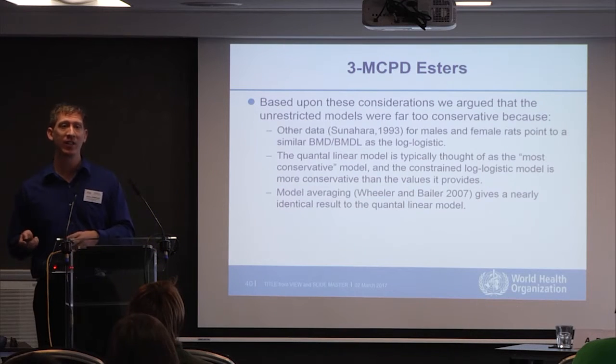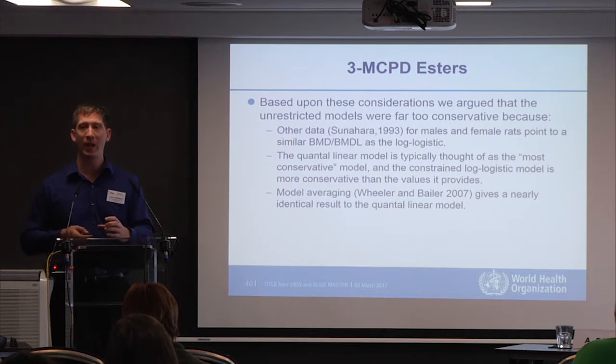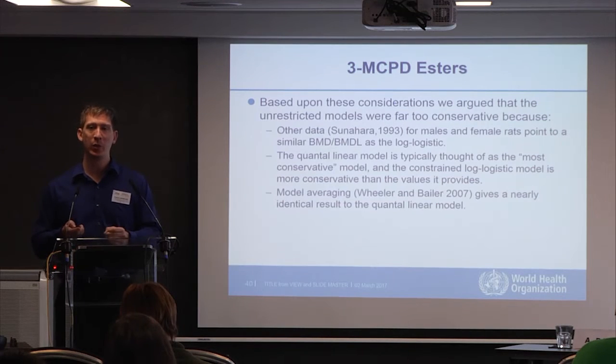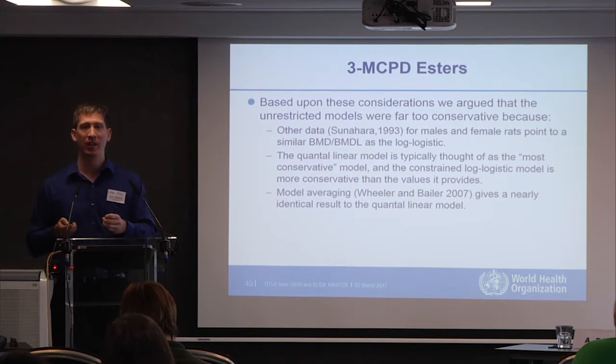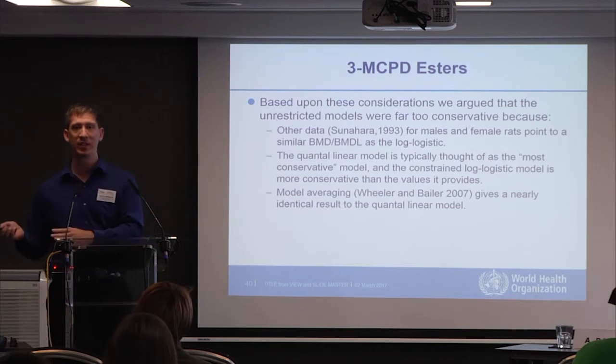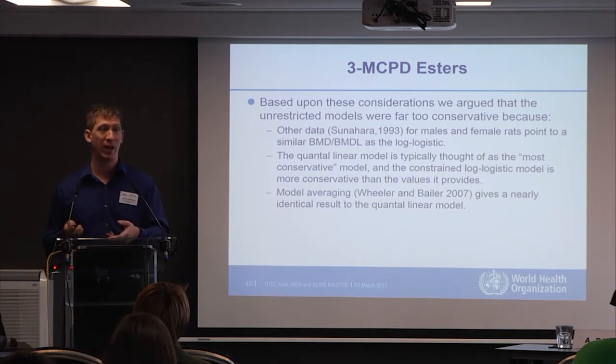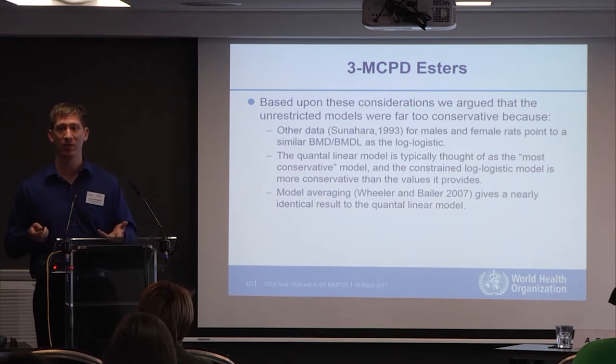And in the Sunahara study, restricted or unrestricted didn't matter. There's actually an artifact of what happens in the data, and I'll show you a little bit, that really, if by chance we would have seen one more rat or one less rat observed with the condition, the whole model changes and the results become more sensible. So there's just the chance of seeing one different rat changes how we view it, and it changes it by an order of magnitude.